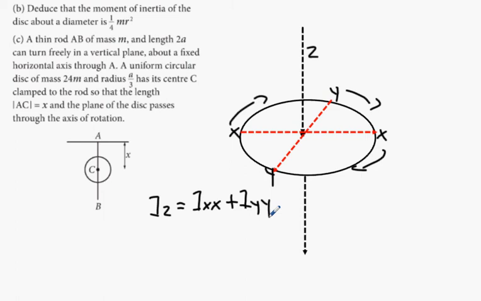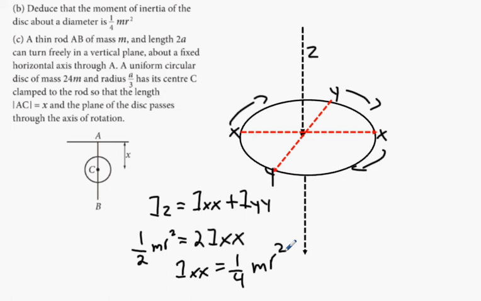So therefore, a half mr squared is equal to two equal parts, i.e. it's the same as 2Ixx or 2Iyy. Ixx therefore is a quarter mr squared. That's you flipping it about its middle.